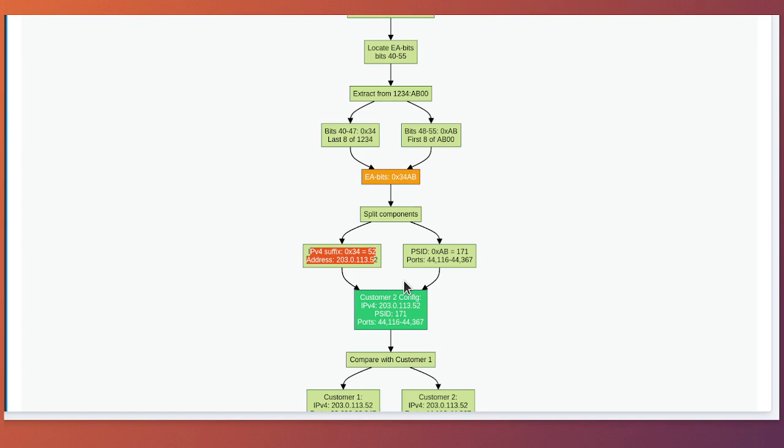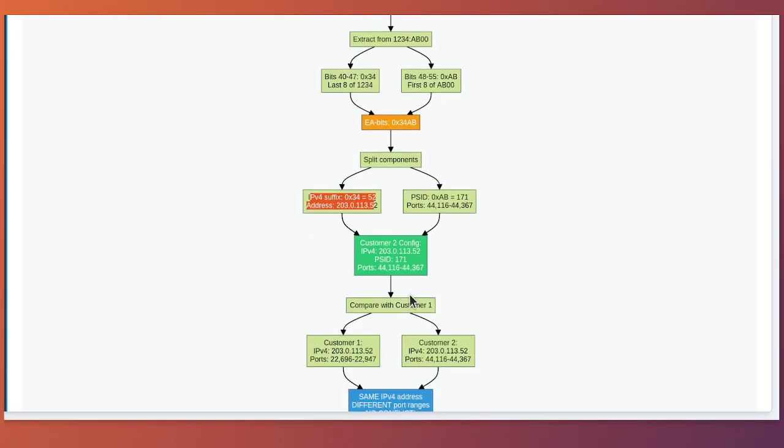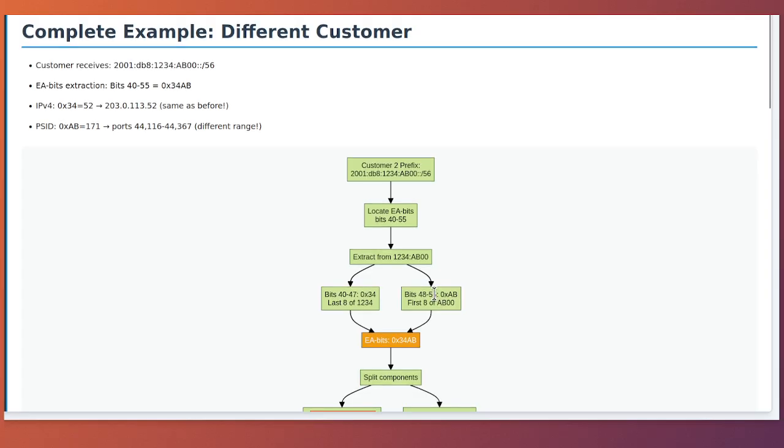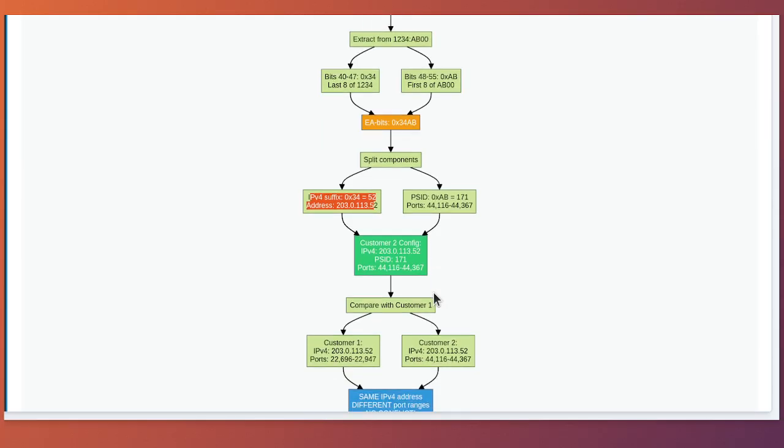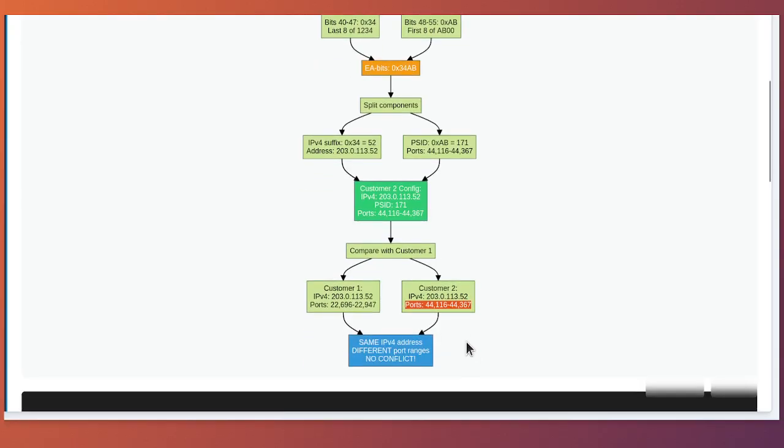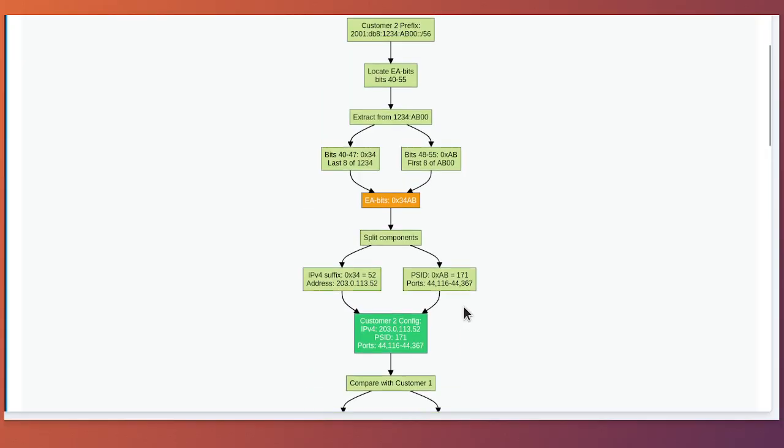PSID 171 with contiguous allocation. Start port equals 1024 plus 171 times 252, which is 1024 plus 43,092, equals 44,116. End port equals 44,116 plus 251, equals 44,367.